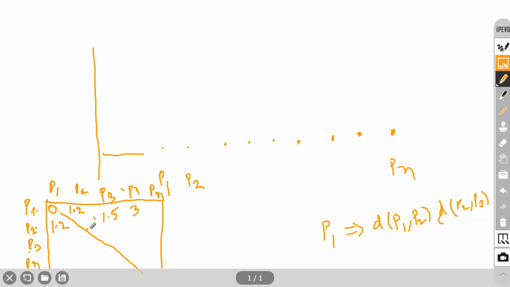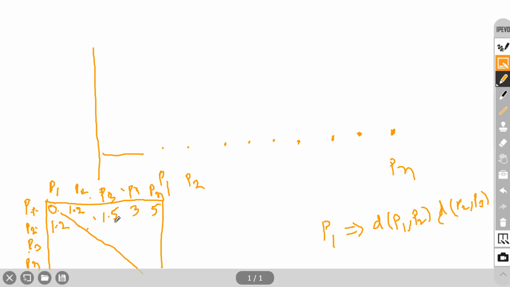So we measure the distance from each point to all other points, and we check which has the lowest distance. Suppose in this case I am taking 3 and it has 5. If you check, the lowest distance is P1 to P2, 1.2. The others have a higher distance, correct?